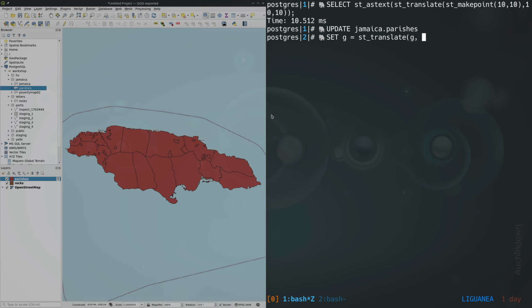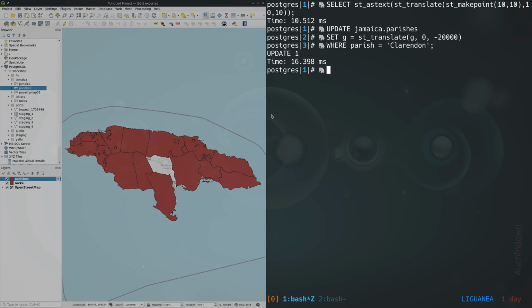So we're going to do 0 because we don't want to move it in the x direction, and then negative 20,000 for the y, and we're going to say where parish equals Clarendon. Ta-da!